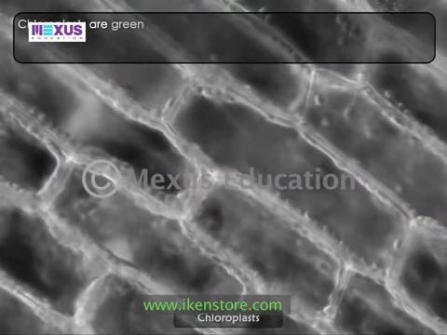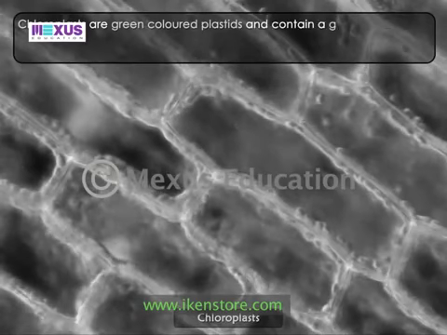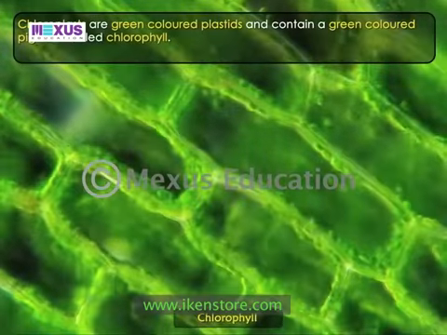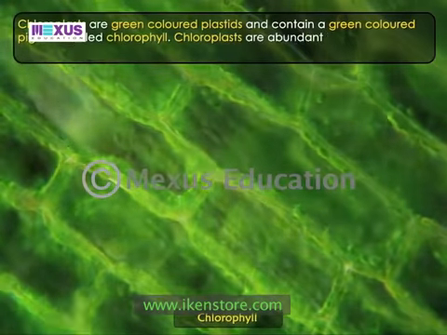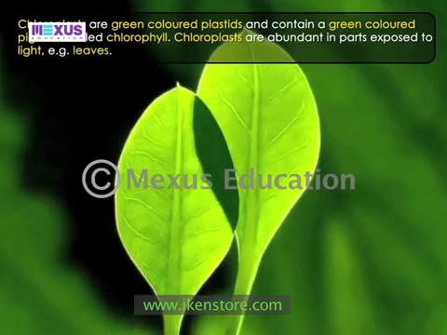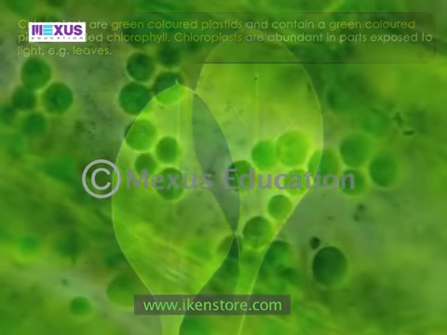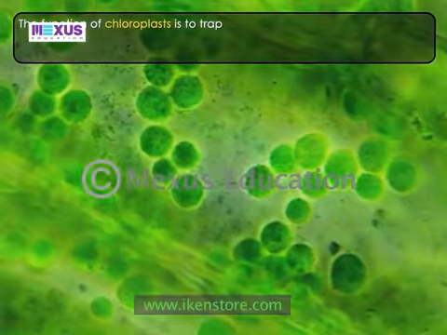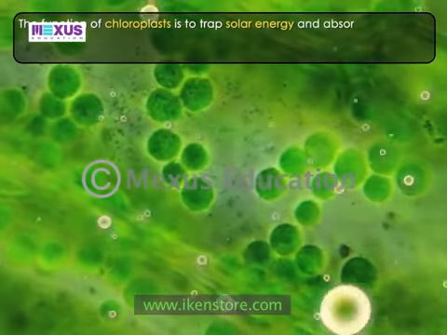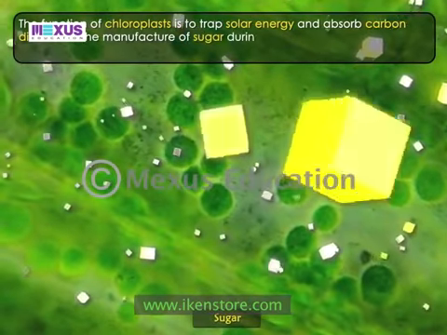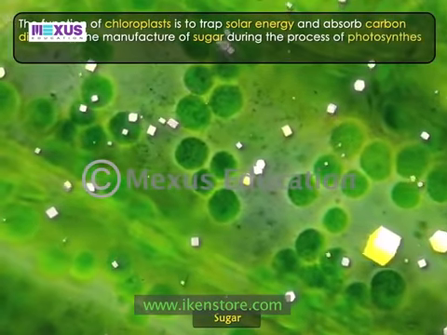Chloroplasts are green-colored plastids and contain a green-colored pigment called chlorophyll. Chloroplasts are abundant in parts exposed to light. Example, leaves. The function of chloroplasts is to trap solar energy and absorb carbon dioxide for the manufacture of sugar during the process of photosynthesis.